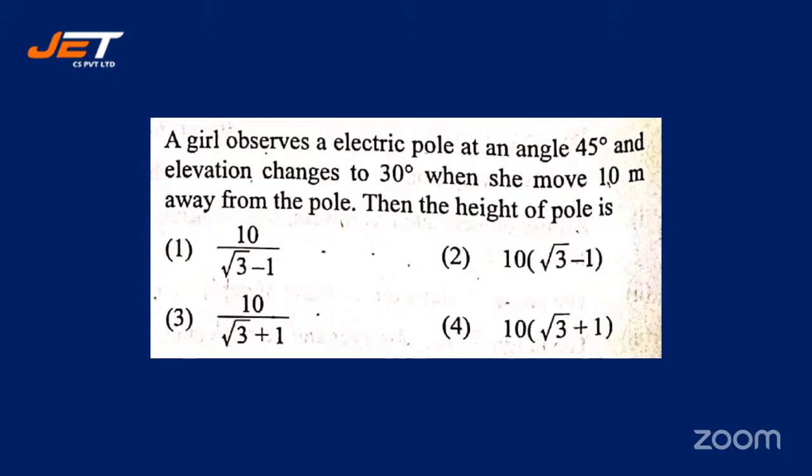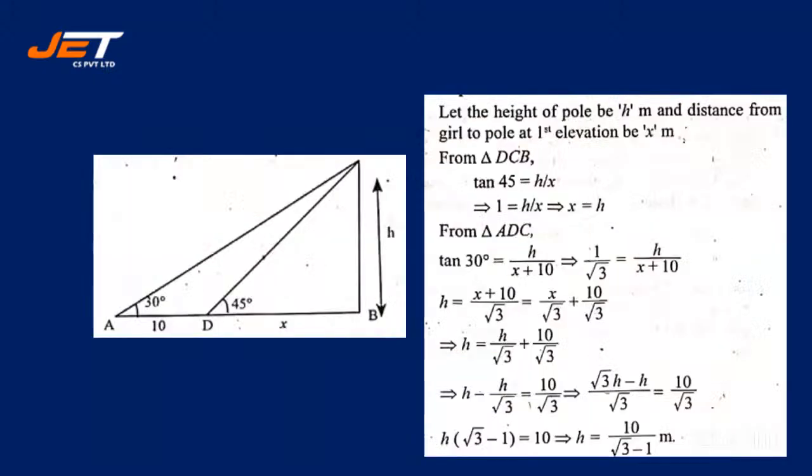And the elevation changes to 30 degrees when she moves 10 meters away, isn't it? So when she moves a little further, the elevation also changes. And now you have to find the height of the pole. So you can see here, it has been very clearly explained.